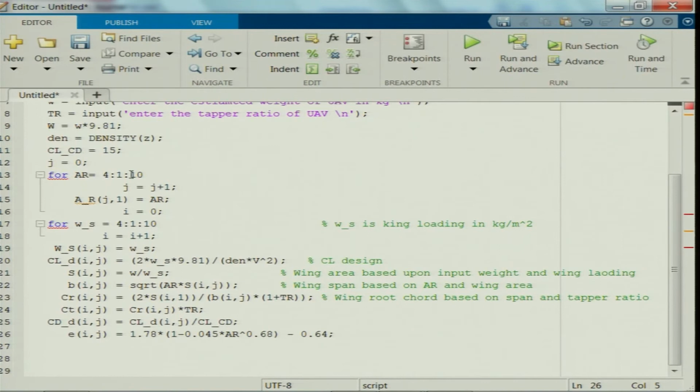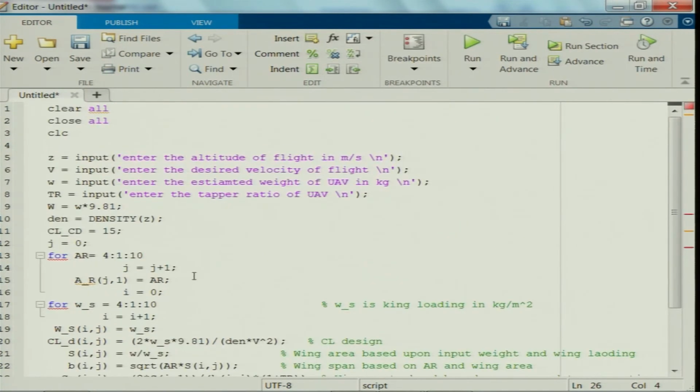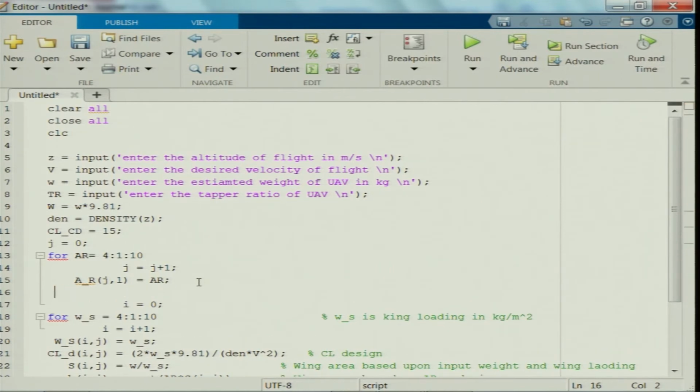So, for a given aspect ratio, that means for a given j, this E value remains constant, right. So, instead of doing this here, we can calculate it outside. Since it just depends upon the aspect ratio, this E is j comma 1.